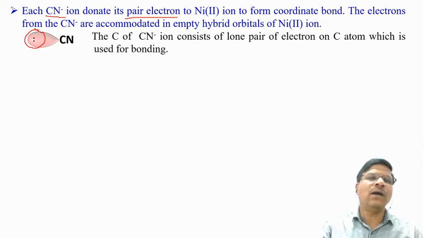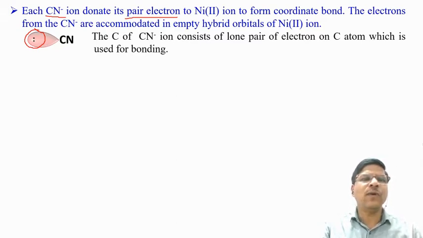So we have the 4 dsp2 hybrid atomic orbitals on the Ni2 plus ion. With these 4 cyanide orbitals, that is, the orbital on the carbon of the cyanide, they overlap and we get formation of the cyanide and nickel coordinate bond.